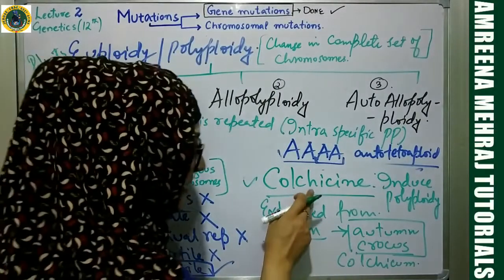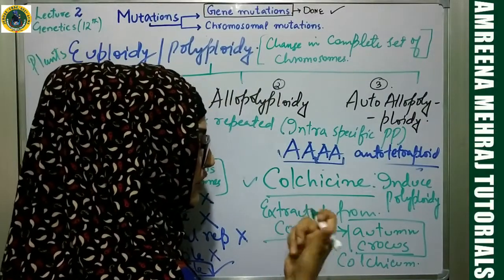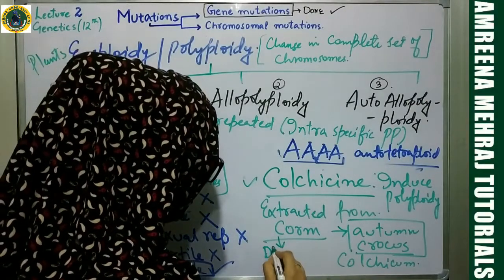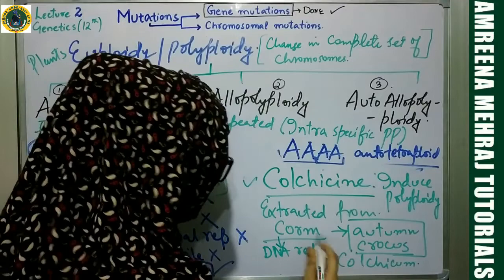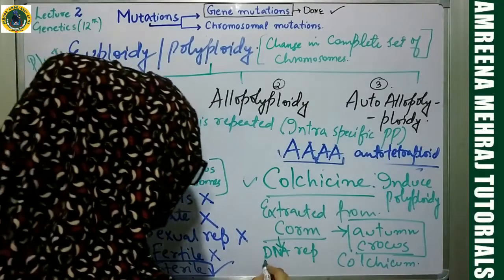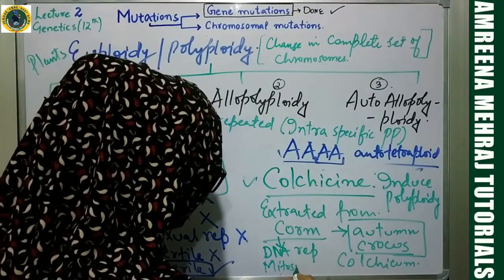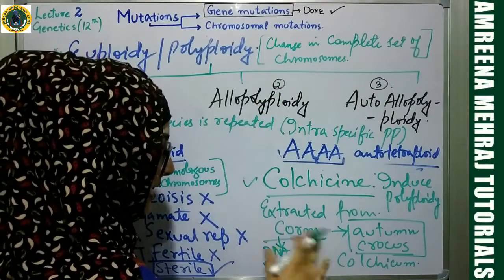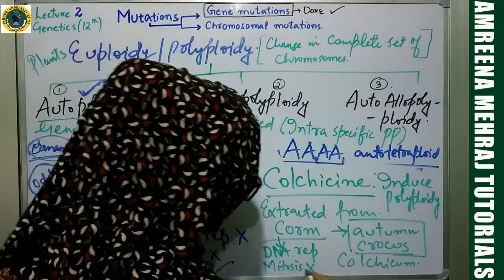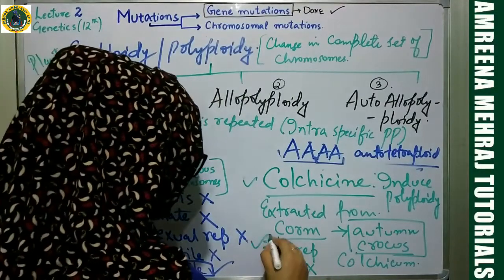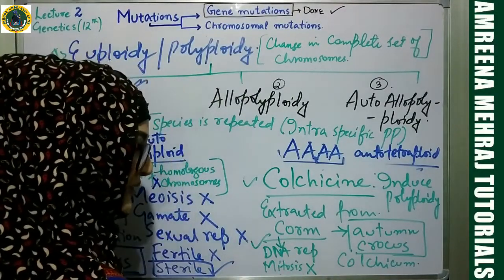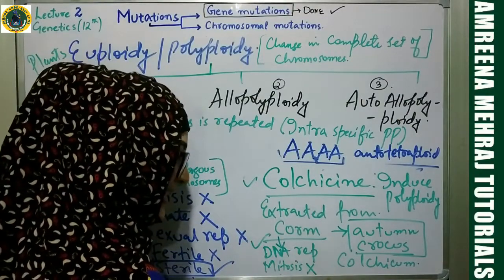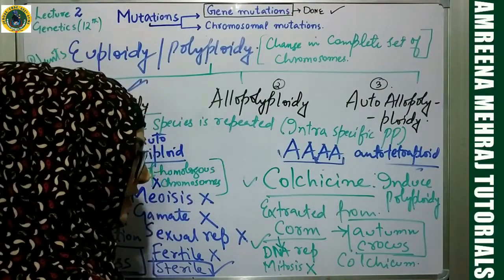So if you introduce this chemical to a cell, it will perform DNA replication. That means the copy of the DNA will be formed, but mitosis, the cleavage of a cell into two different cells, will not take place. So replication will happen. You will have copies of DNA. So if you have 2 sets, you can convert that into 3 sets. If you have 3 sets, you can convert that into 4 sets.